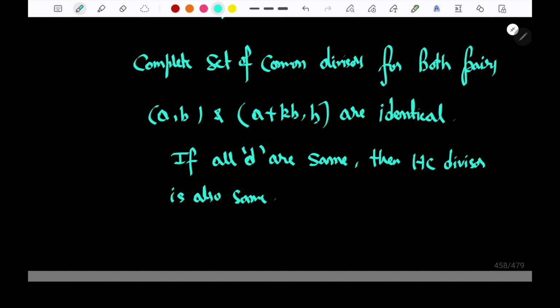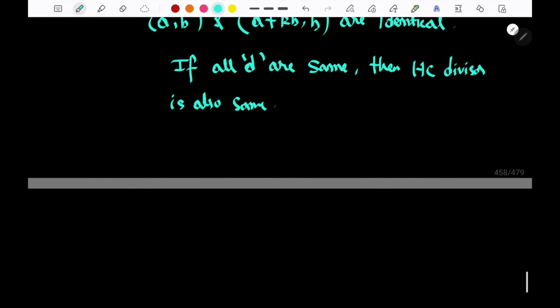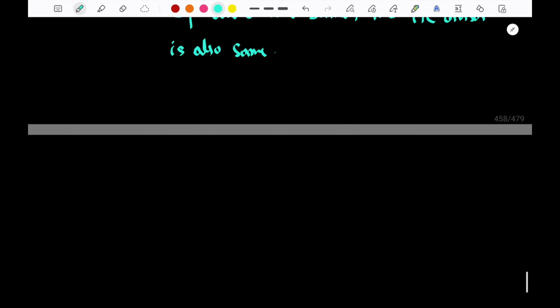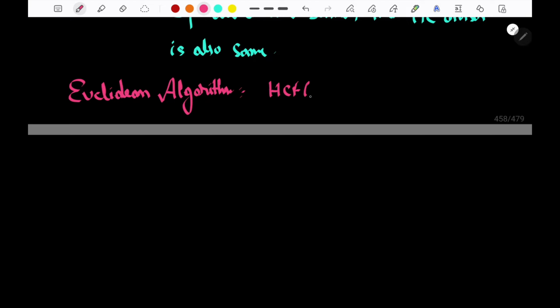Done. Now this is a very amazing and very important property. It forms the foundation of the Euclidean algorithm. What we did in the long division method was this: we wanted the HCF of A comma B. We were finding remainders and then using the property.